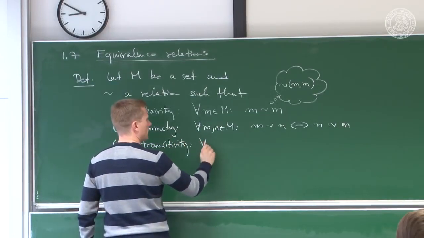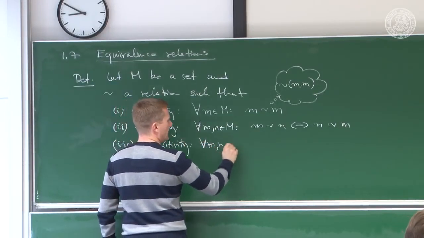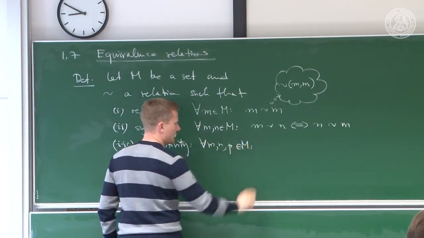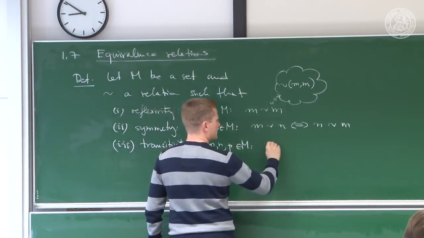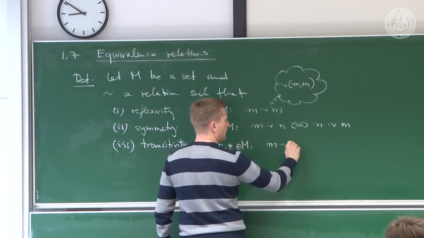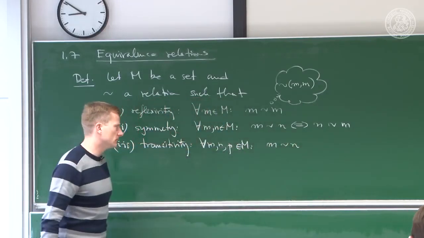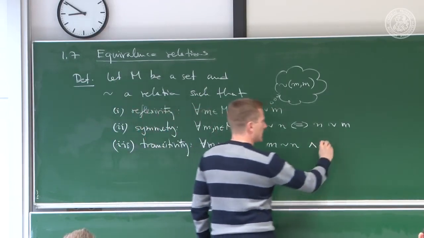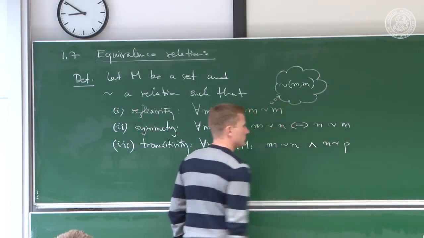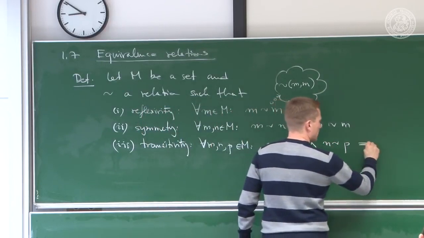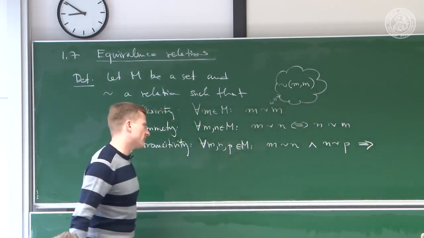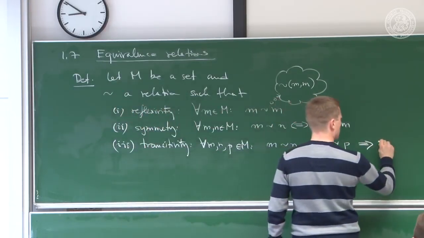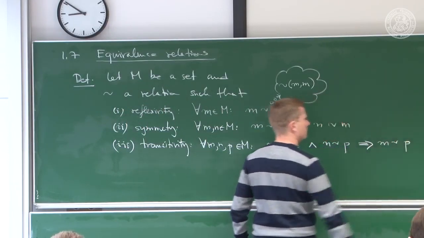Transitivity means that for all m, n, and p in the set M, if it's clear that m twiddle n is true, and additionally n twiddle p is true, then it must follow that m twiddle p.